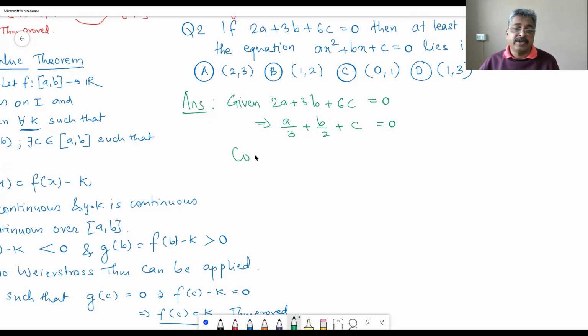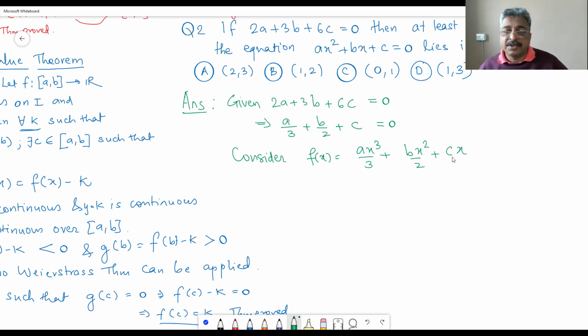Now consider, this is the very difficult step, f of x is equal to ax cube upon 3 plus bx square upon 2 plus cx.